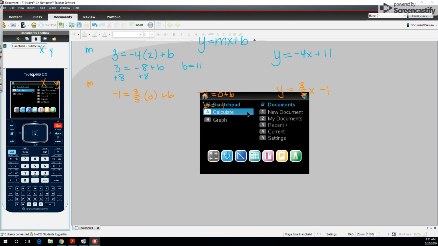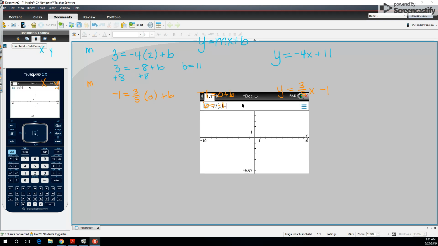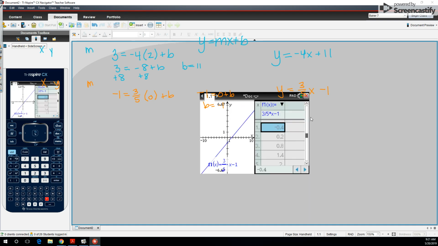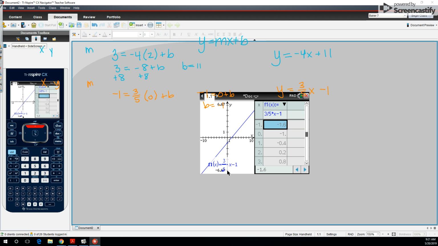Okay, let me check this other one. It was 3 over 5x minus 1. Control T to bring up the table. My y-intercept is negative 1. There it is. And we had the point 0, negative 1. Oh, yeah, that's the y-intercept as well. Looks good.